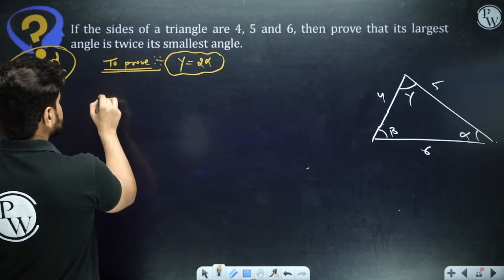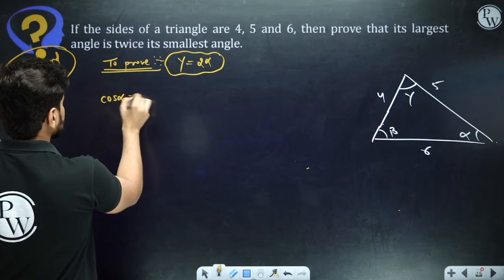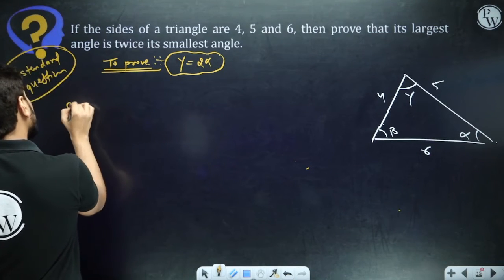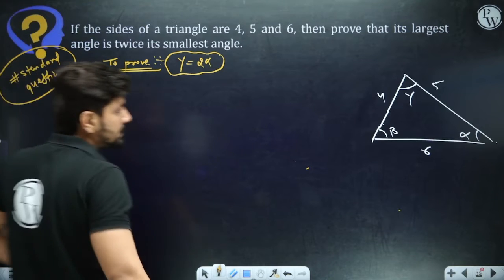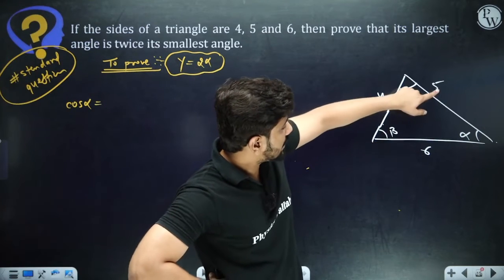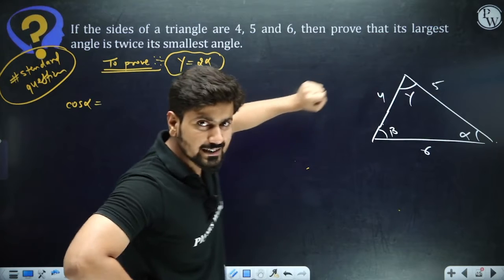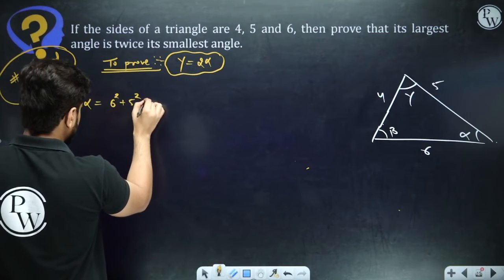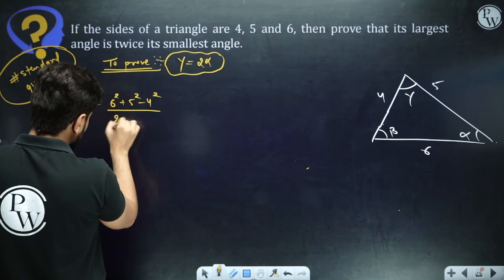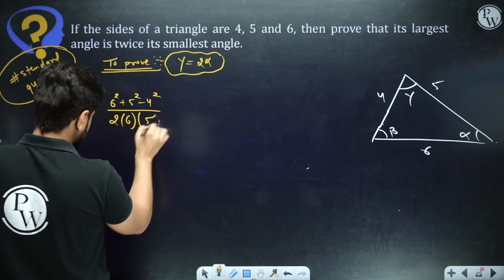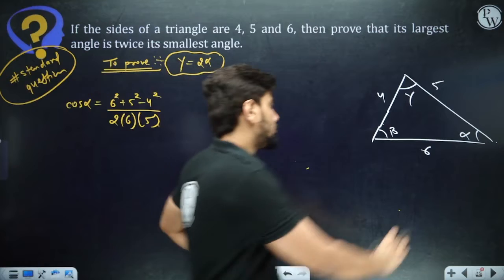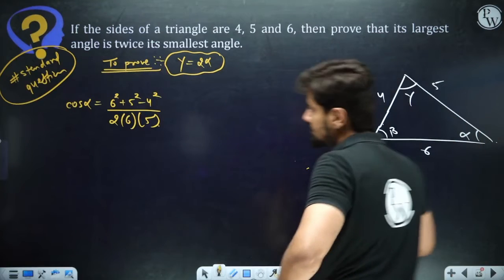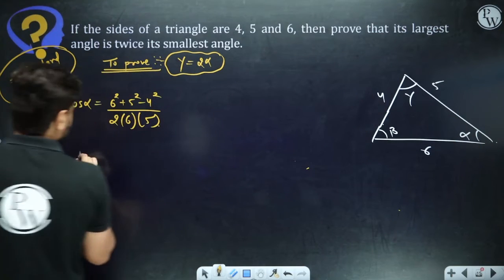So first of all, let's find the value for cos of alpha. The value of cos alpha is going to be 6 square plus 5 square minus opposite side square, so 6 square plus 5 square minus 4 square upon 2 times 6 into 5. So its value comes out to be what?